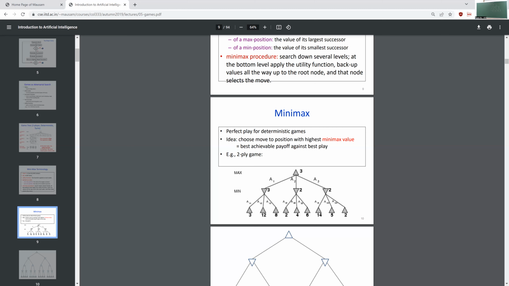And once you take A1, no matter how badly your opponent plays, the best you can achieve is value 12, which is suboptimal. So this shows that the minimax algorithm for coming up with a winning strategy, which we have just come across, is not going to give you the optimal strategy.